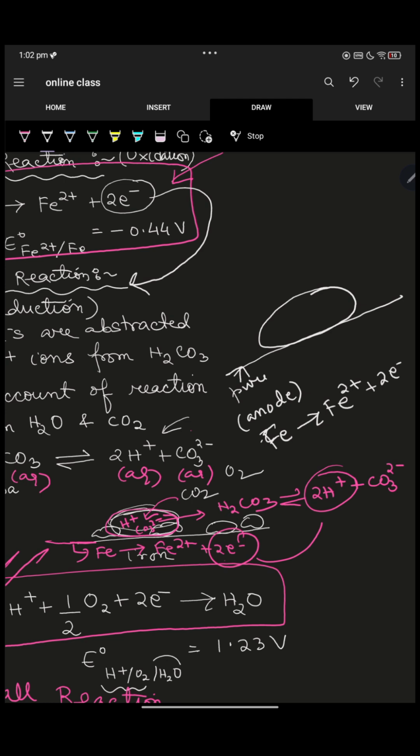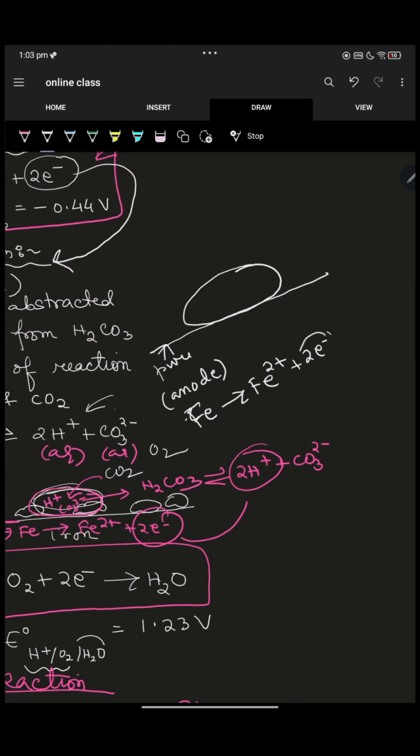Now these 2 electrons which are lost travel to the part where rusting has started. So say this is the impure iron and it is acting as the cathode.